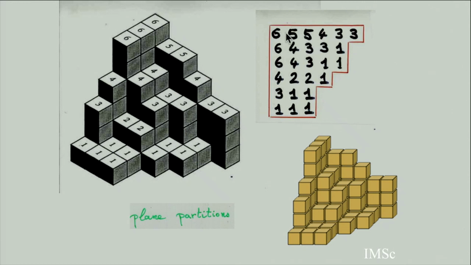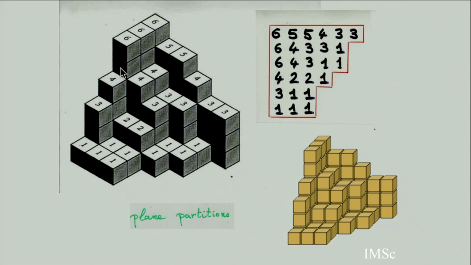You put some numbers in rows and columns. The numbers are weakly decreasing in rows from left to right, and weakly decreasing in columns from top to bottom. And this is a coding of this 3-dimensional Ferrers diagram.